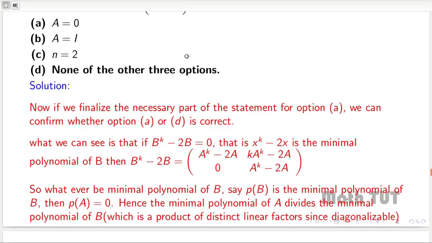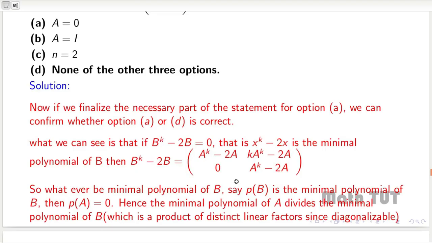the minimal polynomial of B will be a product of distinct linear factors. And therefore the minimal polynomial of A, which divides the minimal polynomial of B, will also be a product of distinct linear factors, because the minimal polynomial of B is a product of linear factors and this polynomial divides that polynomial.